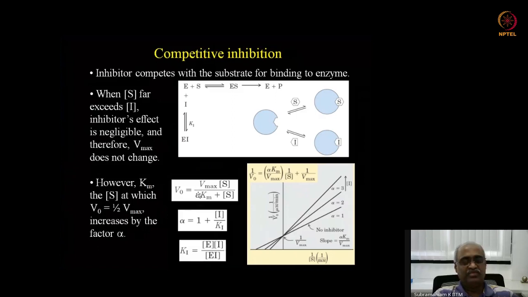So the Km increases by a factor of alpha, and alpha equals 1 plus concentration of the inhibitor divided by the rate equilibrium constant for enzyme inhibitor formation. And then the Ki can be calculated as usual by the reactant by product concentration. So alpha Km is what the Km is modified by a factor of alpha in competitive inhibition.